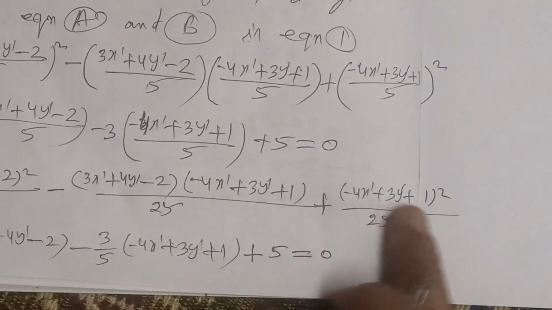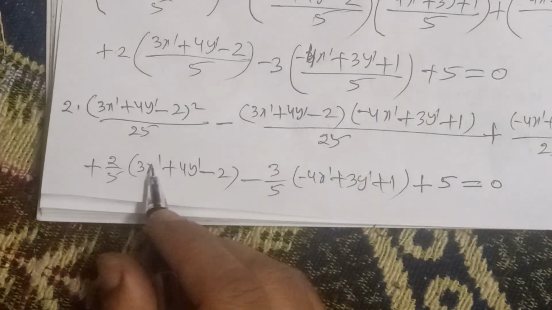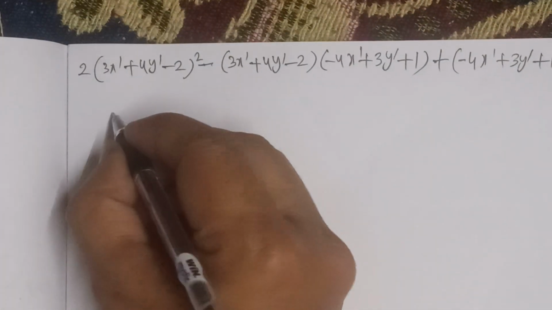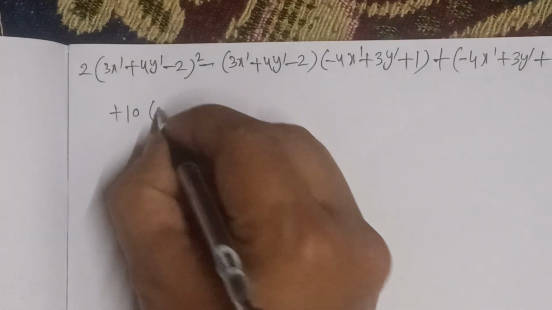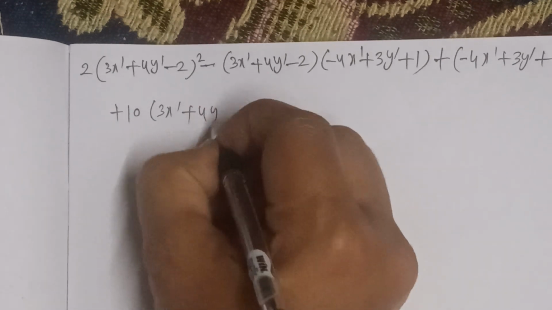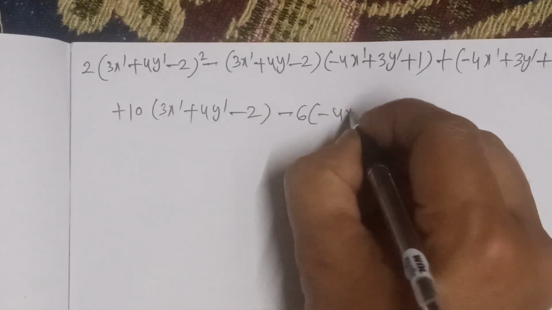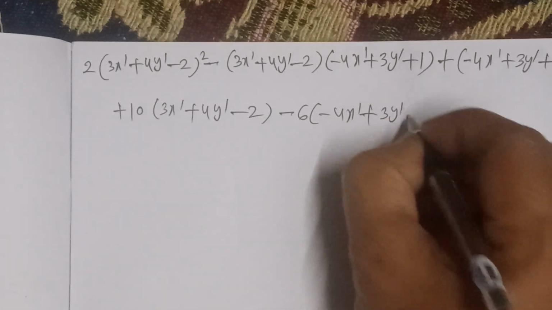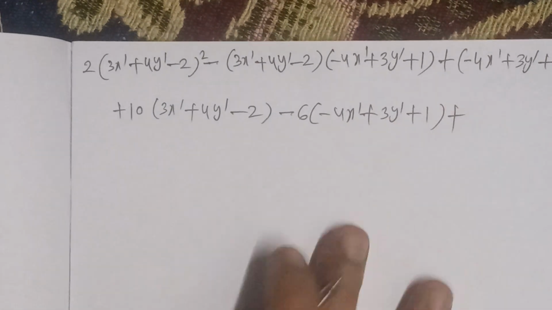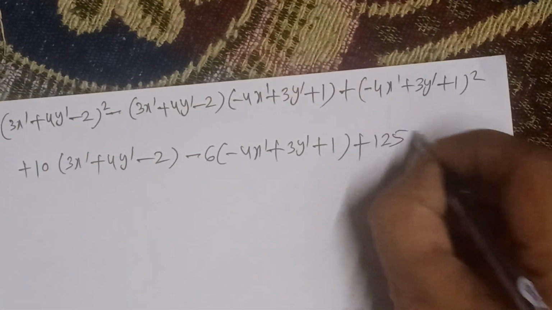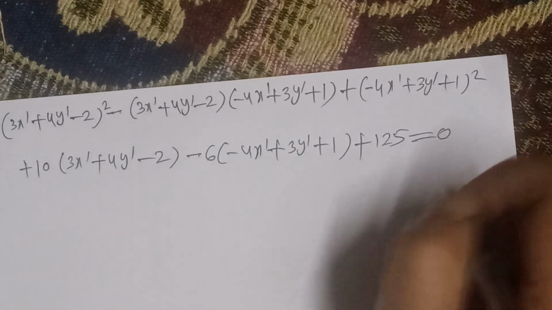I have to write this term 3 times, which becomes 10 times (3x' plus 4y' minus 2) and 6 times (minus 4x' plus 3y' plus 1), plus, when we multiply 25 in this term, this becomes 125. On the right hand side, 0 multiplied by 25 becomes 0.